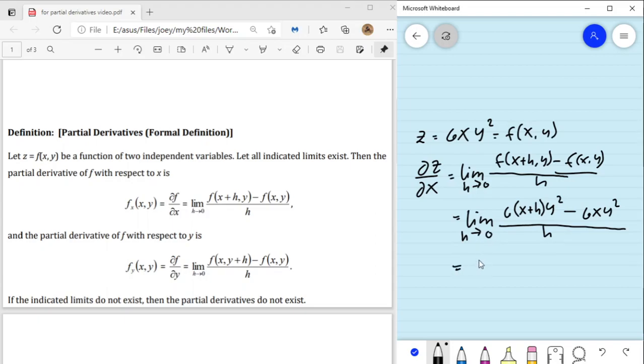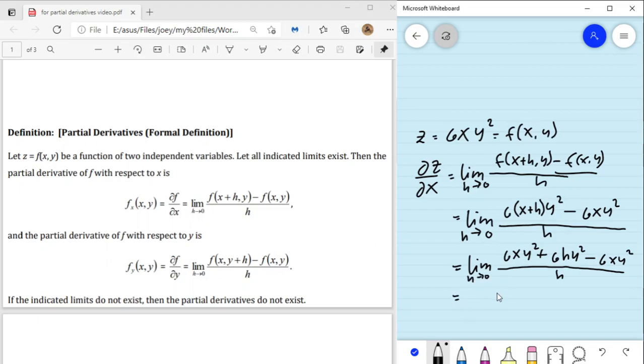So this will then be equal to the limit of, simplifying this, we have 6x y squared, then 6hy squared, so plus 6hy squared, minus 6xy squared over h as h approaches 0.